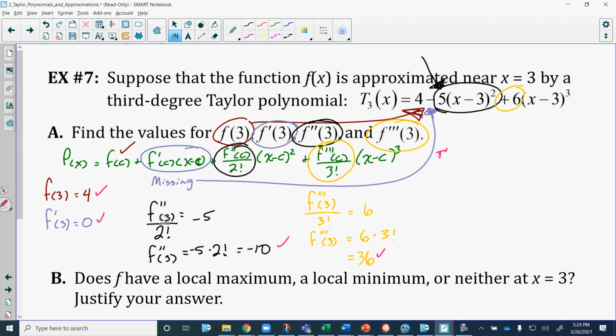If I were to take the first derivative of the Taylor polynomial, I am going to end up with negative 10 times x minus 3 plus 18 times x minus 3 squared, if I'm just using the power rule. All right?